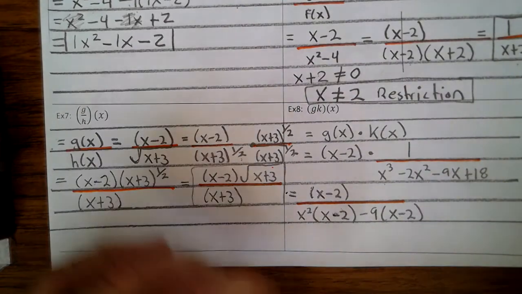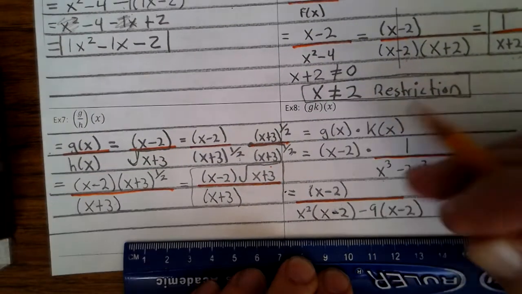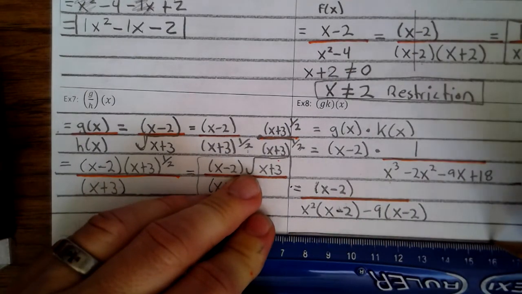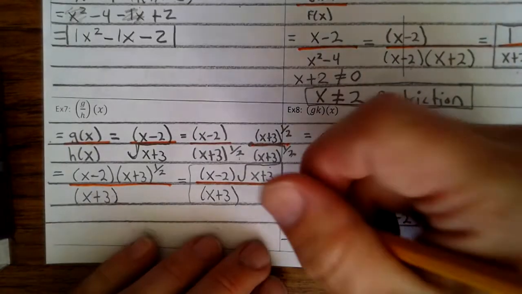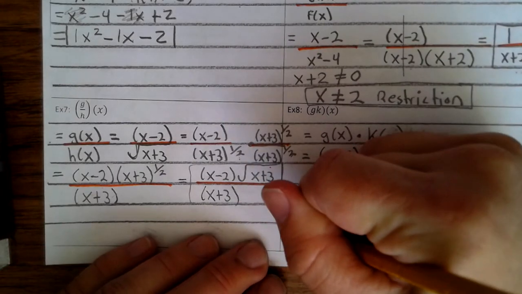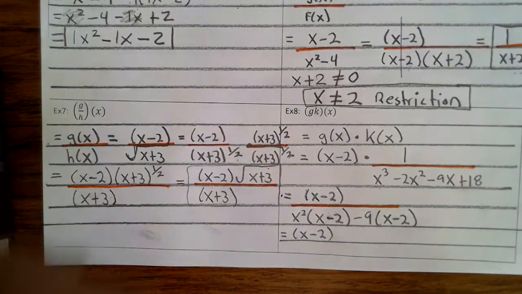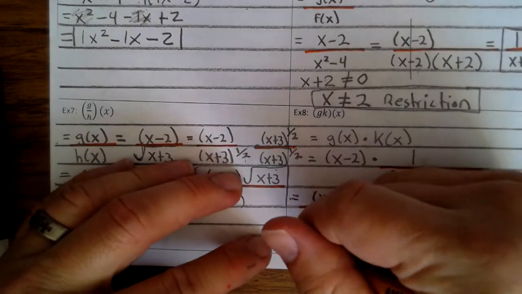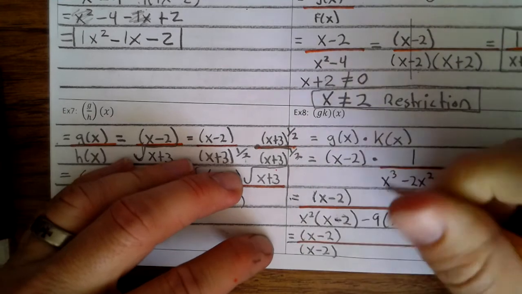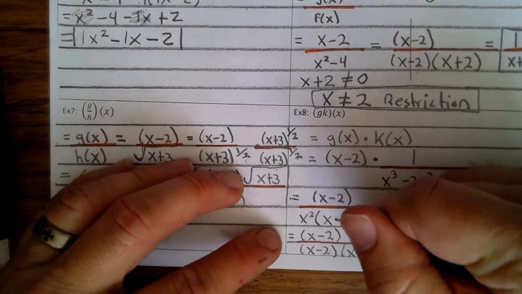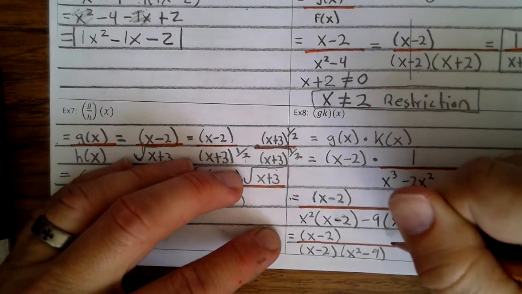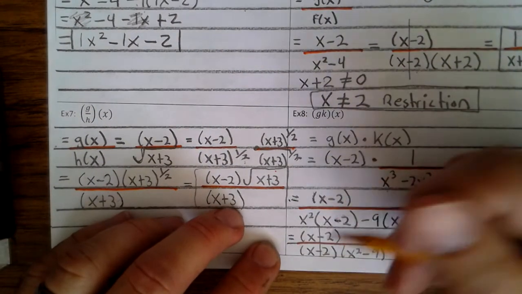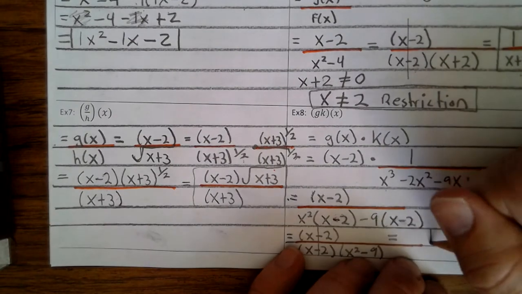All right, so then that leaves x minus 2 divided by x minus 2 times x squared minus 9, in which the x minus 2 divides and becomes 1, and that becomes 1 divided by x squared minus 9, which factors to be x minus 3 times x plus 3.